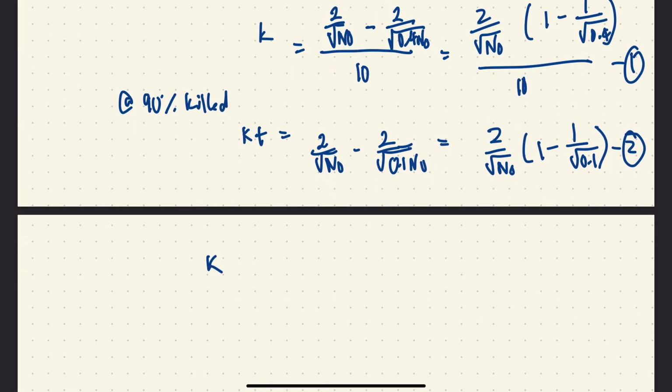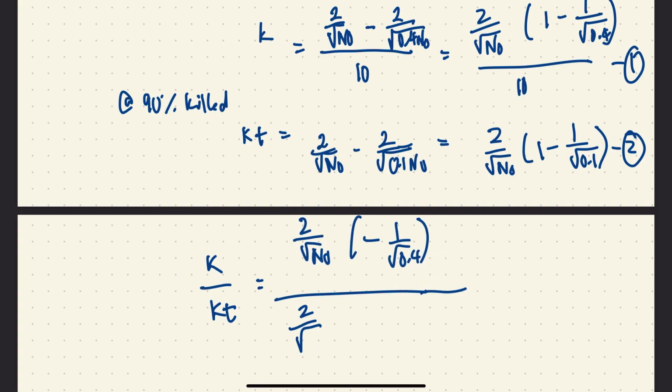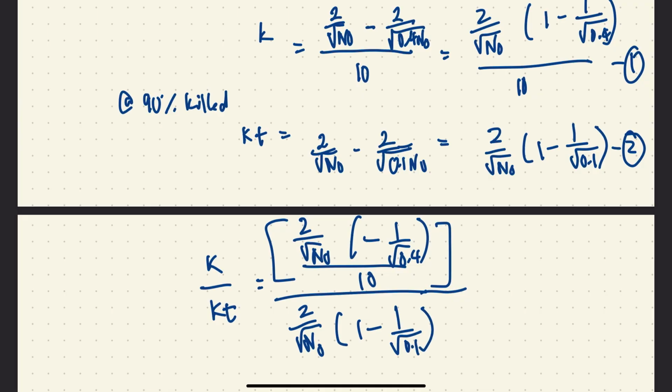So it becomes kt is equal to 2 over square root of n0 times 1 minus 1 over square root of 0.4 all over 10, divided by 2 over square root of n0 times 1 minus 1 over square root of 0.1. We can cancel this and this, and you'll get your time.